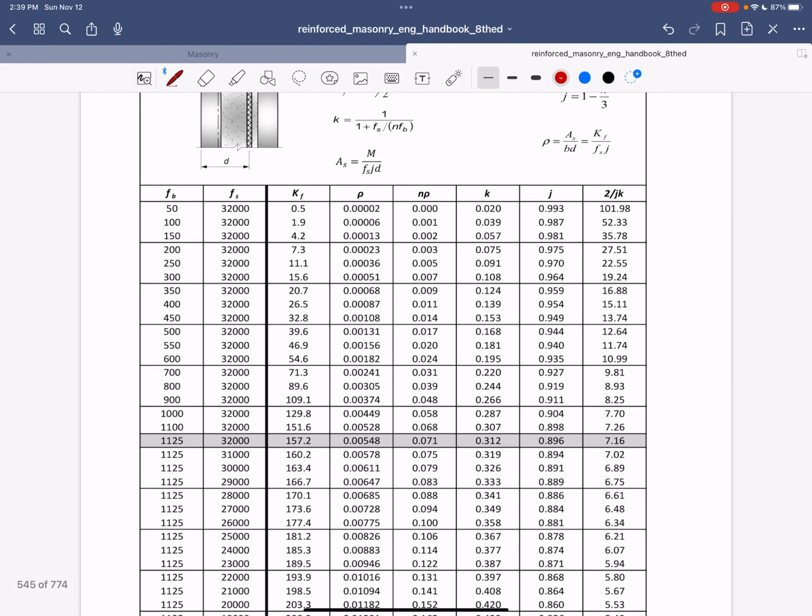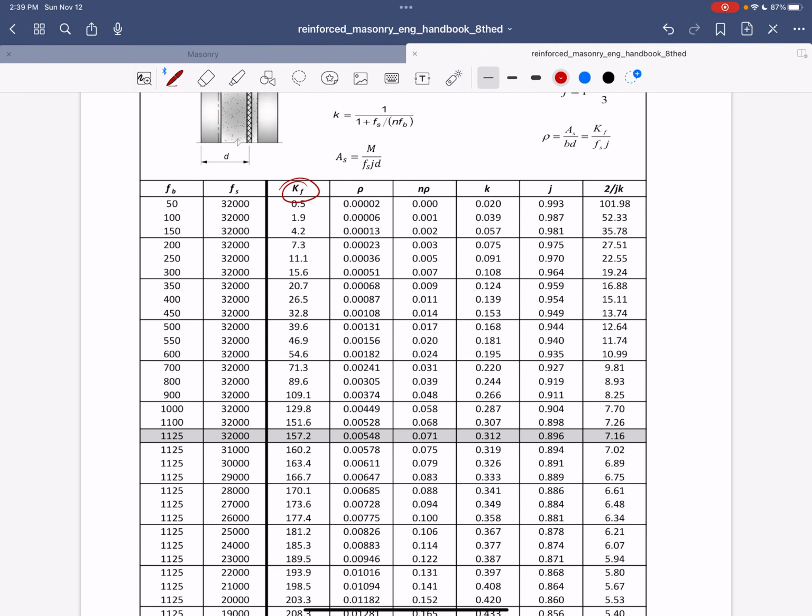I can either use this table and go in with my KF value. It's somewhere between these two, a little bit closer to this one. So it's 151.1. I can do an interpolation between these two values, and I'll get a rho value between these two.